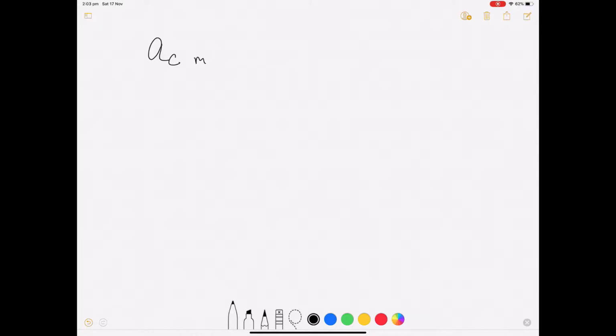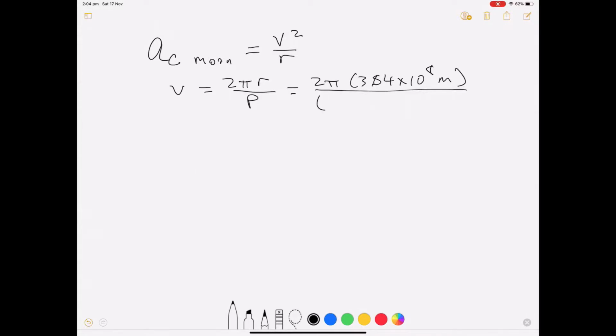So the centripetal acceleration for the moon, you would find the same way that you find the centripetal acceleration for anything, which is v squared over r. The velocity for the moon is going to be 2 times pi times its orbital radius divided by the amount of time that it takes to get around, its orbital period. And that is going to be 2 times pi times 3.84 times 10 to the 8th meters over the orbital period.